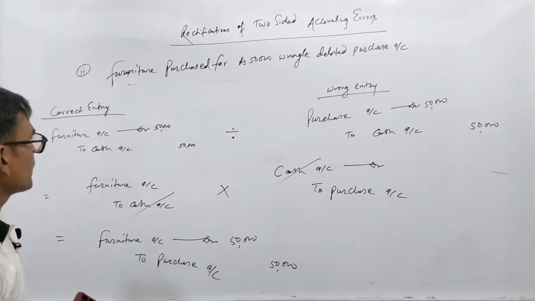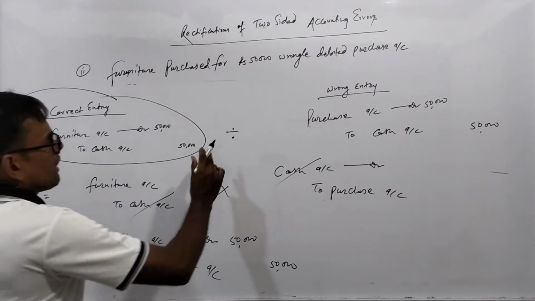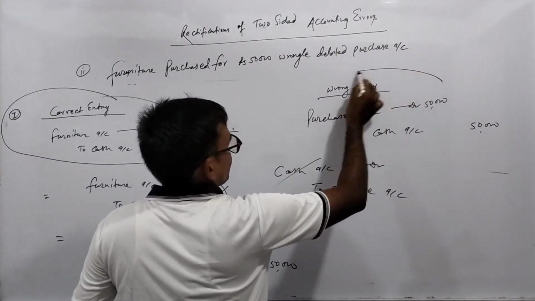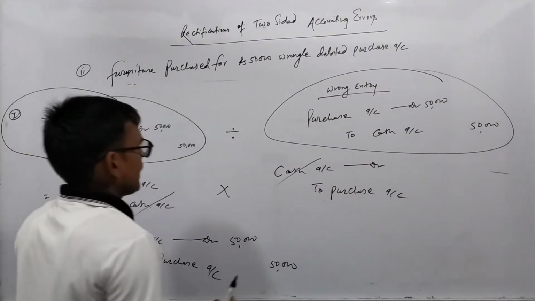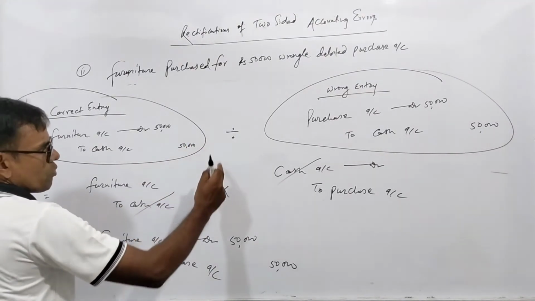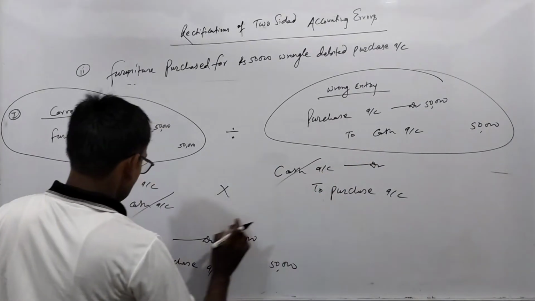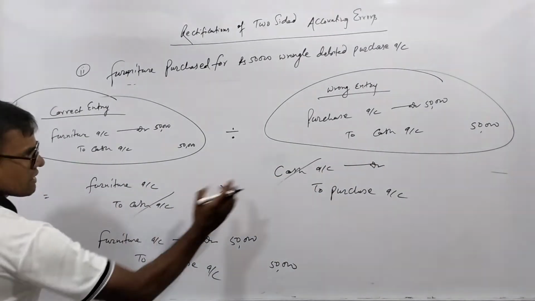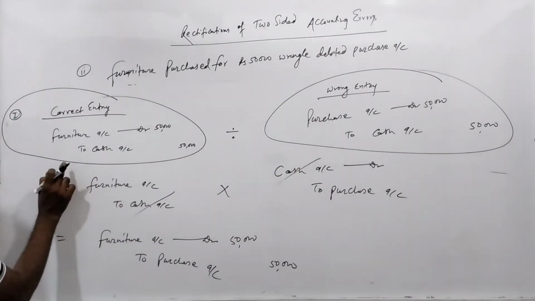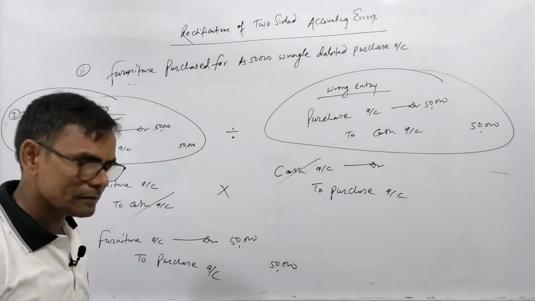So once again, you have the correct journal entry, you divide it by the wrong journal entry, and change this sign into multiplication, and as you change into multiplication, it is inverted. Now the cash account cancels, and the remaining is the furniture account on the debit side and the purchase account on the credit side.